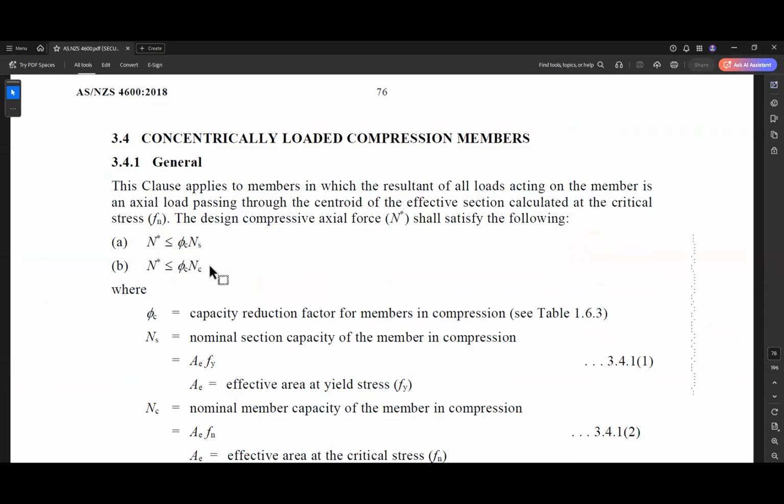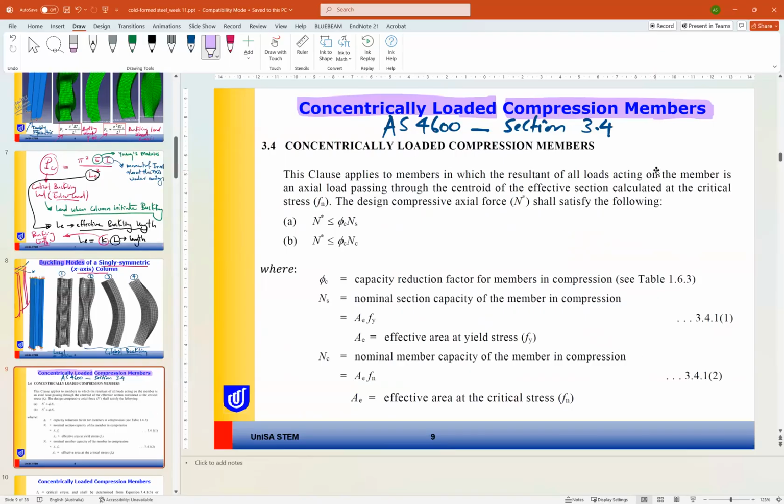So the concepts of cold formed steel design and hot rolled steel design are quite similar. The difference is just the parameters or formulas due to the different nature of thin-walled cold formed steel and hot rolled steel.